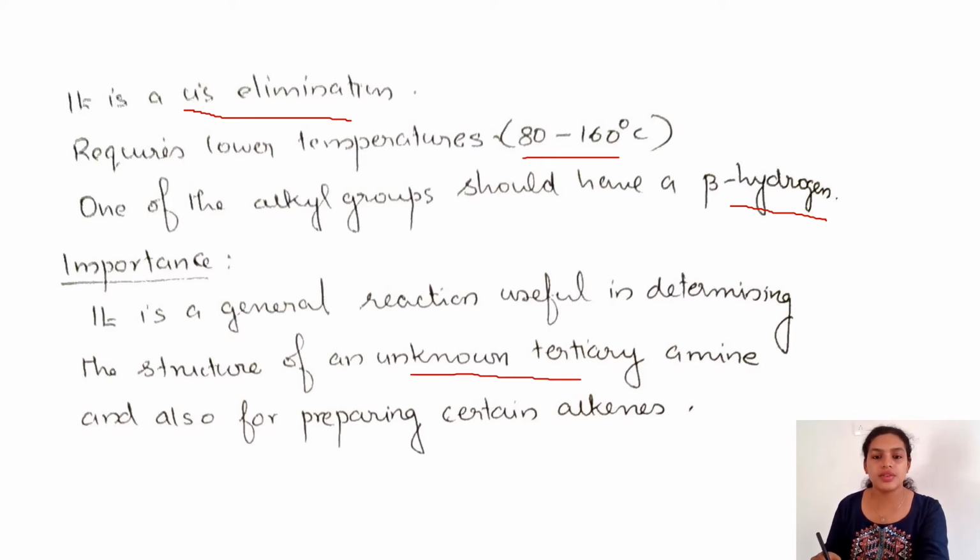We employ Hofmann elimination, a slightly modified one, that is Hofmann exhaustive methylation, for the same purpose, to find out the structure of unknown tertiary amines. So this is also a very good tool to analyze the structures of unknown tertiary amines, and also for preparing certain alkenes which are normally difficult to prepare.